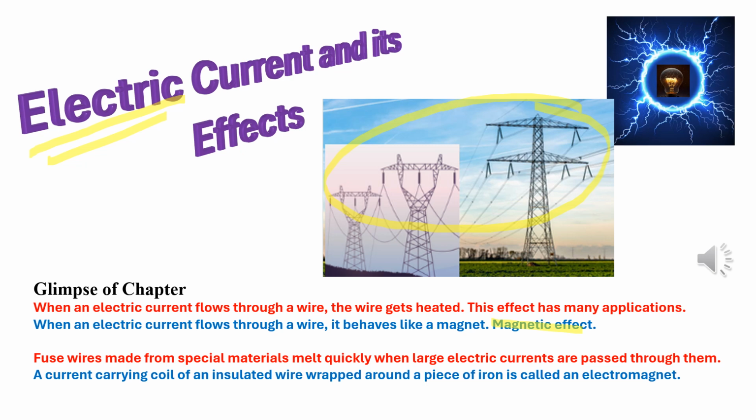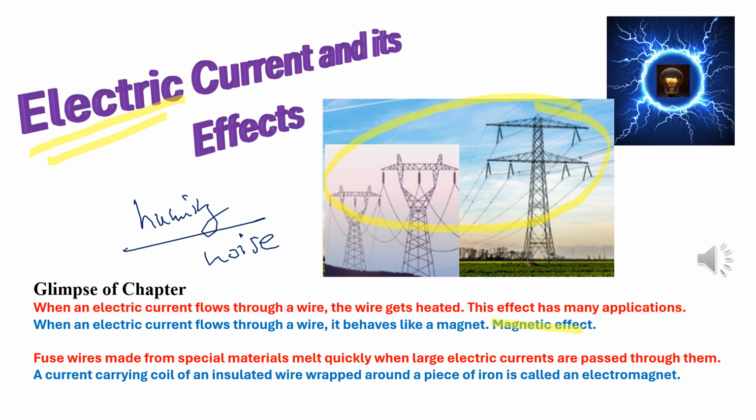Normally they are established on the highways. This type of humming noise, you can easily hear near these high tension wires. Fine. So we will analyze all these aspects also.